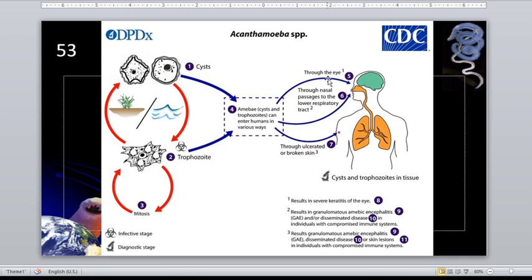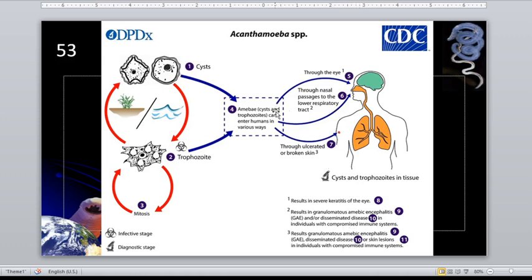If the eyes are infected, that may result in severe keratitis of the eye. Through nasal passages to the lower respiratory tract, it results in GAE, granulomatous amoebic encephalitis, or disseminated disease in individuals with a compromised immune system. And through ulcerated or broken skin, that may also result in GAE, disseminated disease, or skin lesions in individuals with a compromised immune system.